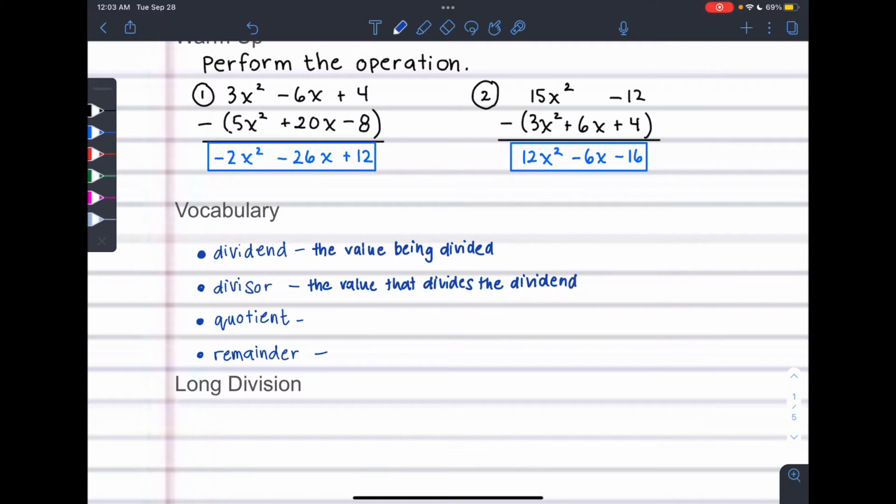Okay, the quotient is the result when dividing, and the remainder is what's left over after dividing.